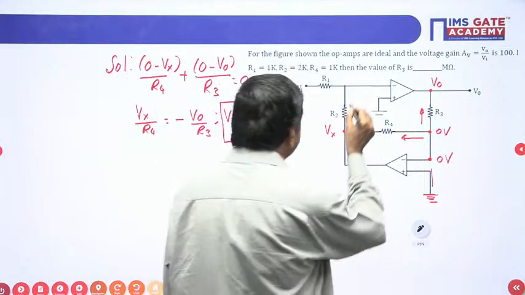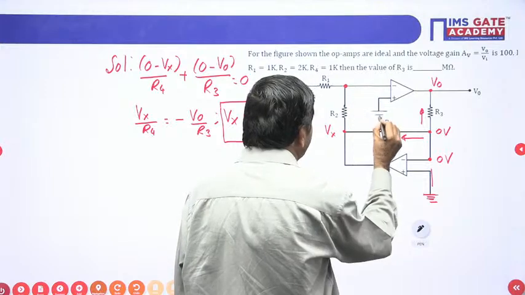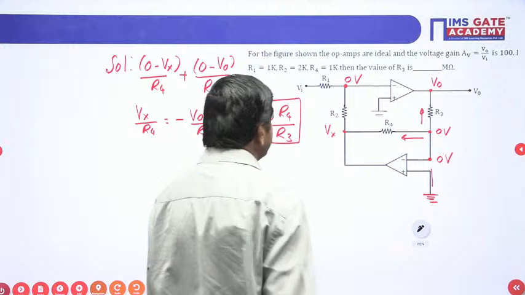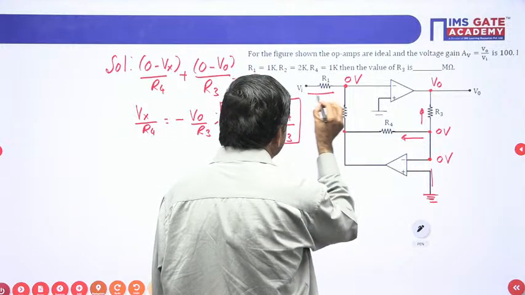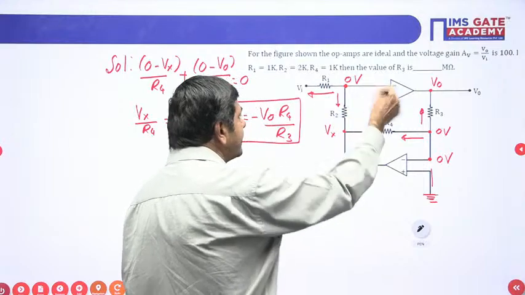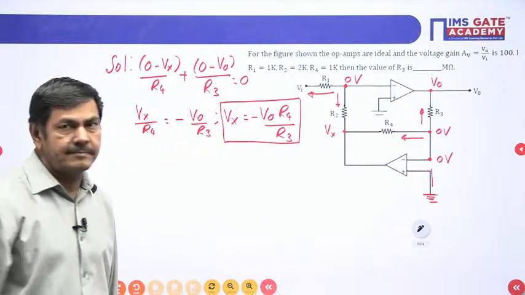In this case, this node voltage we know very well. The positive terminal is given 0 voltage, so this voltage is also 0 voltage. I can apply nodal analysis again. This current plus this current equals 0. It doesn't flow any current in this particular direction.